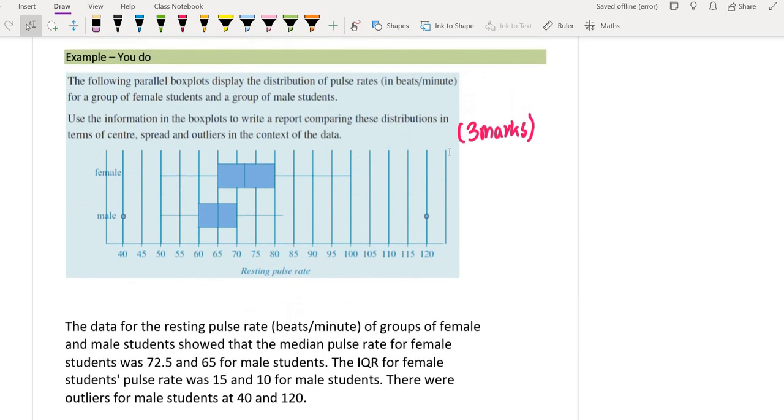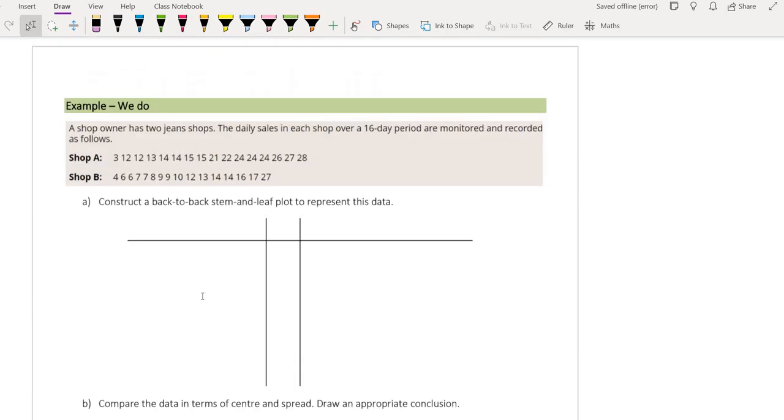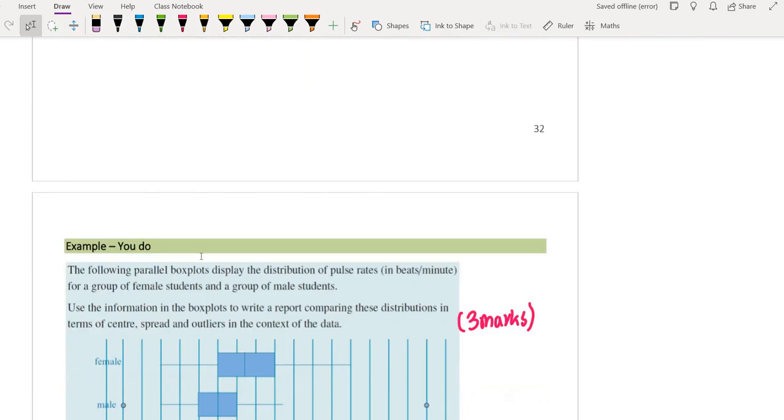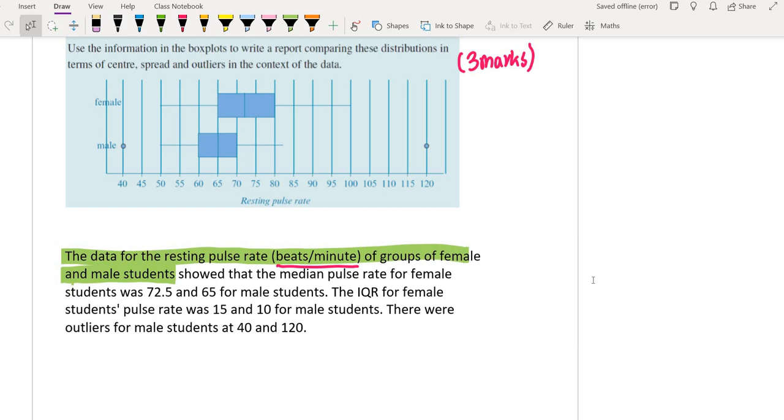Okay, so here's what I've written. I've given this one some context. I'm going to use the highlighter. This bit is the context, including what it was about and what units were used. For this one, including the units is necessary, unlike the first one where it was just test scores, where we know what the units for test scores are, whereas this one is not as obvious.